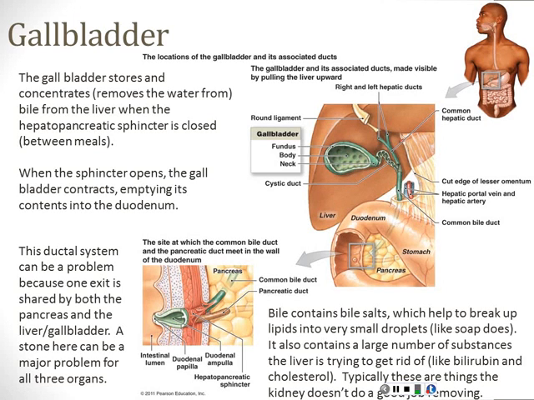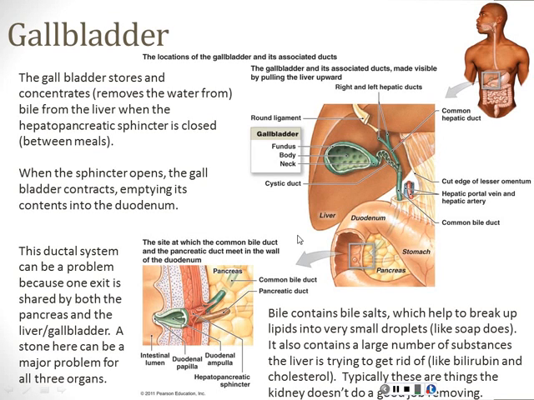So it essentially gets stronger and stronger until you eat again, that sphincter opens, and then the gallbladder contracts, emptying itself. So the hormone cholecystokinin that we talked about last time, one of its primary functions is to get the gallbladder to contract and essentially expel its contents into the duodenum through that sphincter.